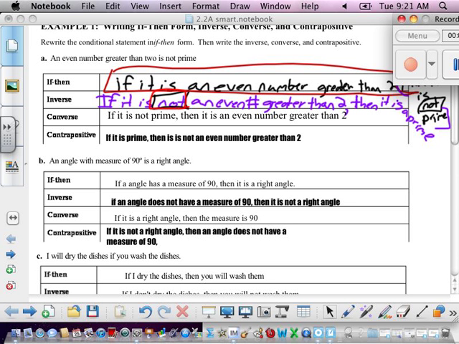Write lightly, and we can erase it if you need to. And then D on the back: a square with a length of 3 meters has an area of 9 square meters. Give me the if-then, the inverse, the converse, and the contrapositive.